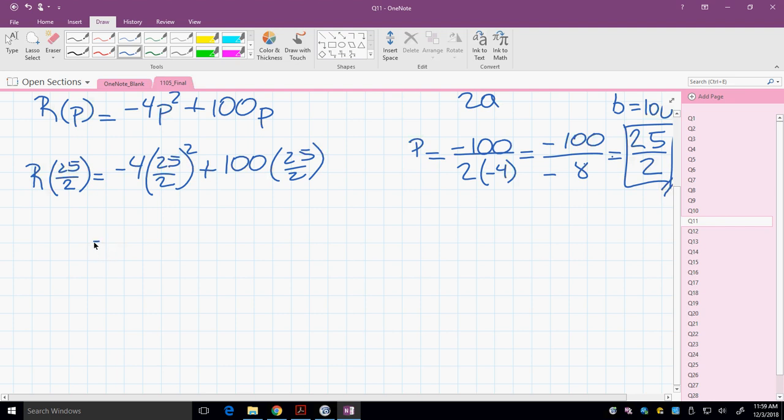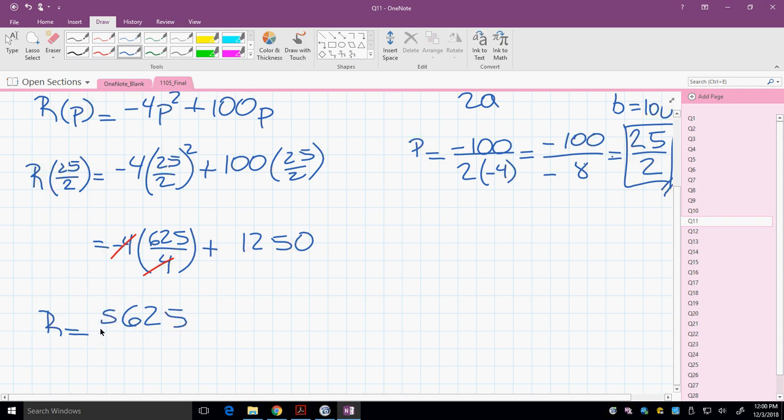That is going to give me 625 over 4, and we have a negative 4 here, so these two 4s are going to cancel each other out. And I have here 25 divided by 2 times 50, which is going to give me 1250. As I simplify this, I'm going to figure out that my revenue is 625. That's the total revenue, the maximum revenue.